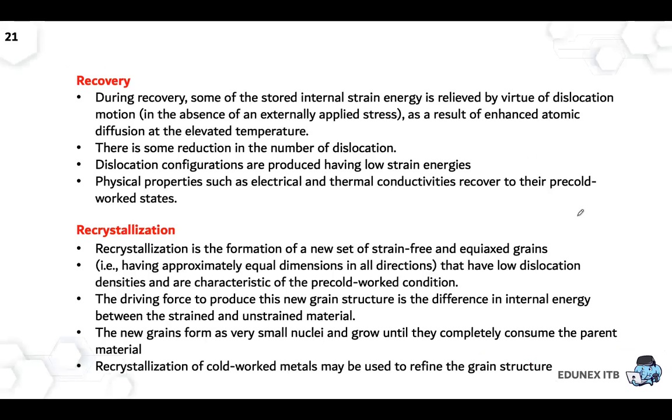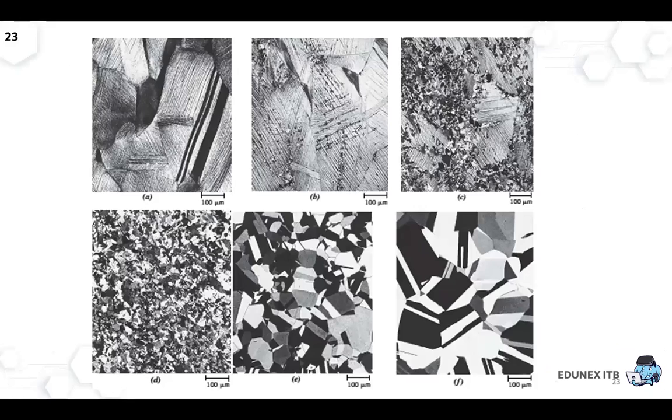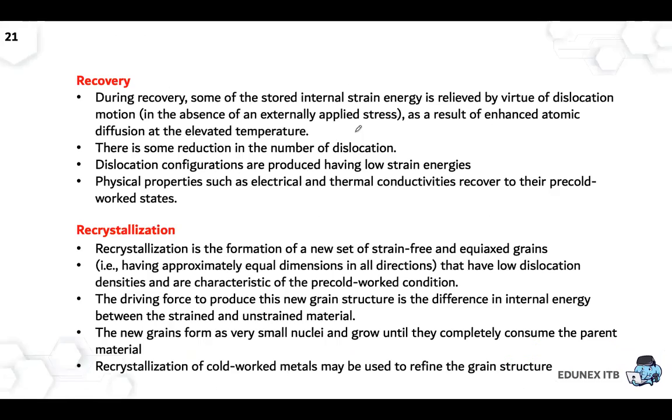So what happens in the recovery? This is an example, one by one. During the recovery, the internal strain energy in all the interatomic bonding will be relieved, so it will come out. Recovery happens at relatively high temperature, so the energy will heat it up and also be relieved by dislocation.